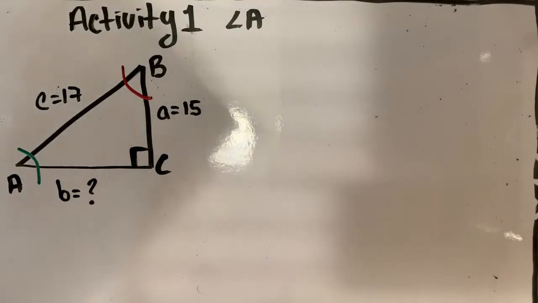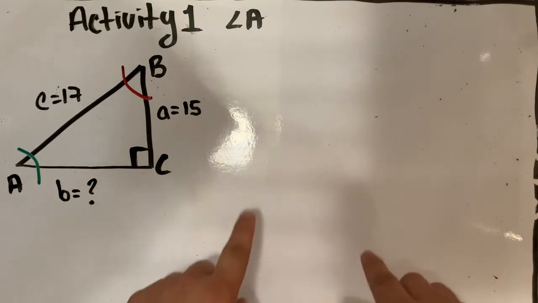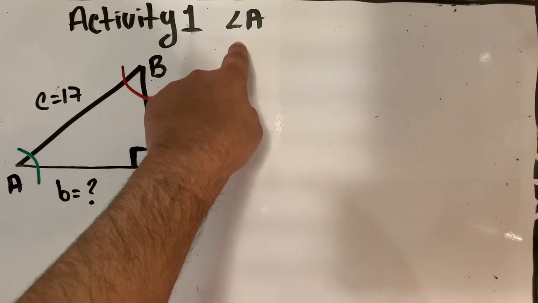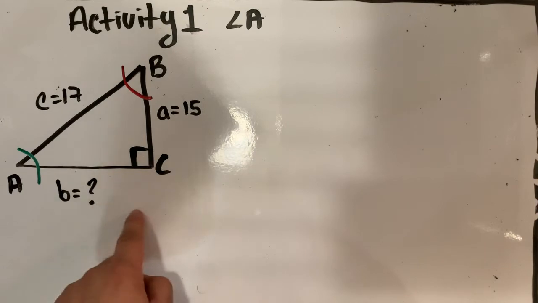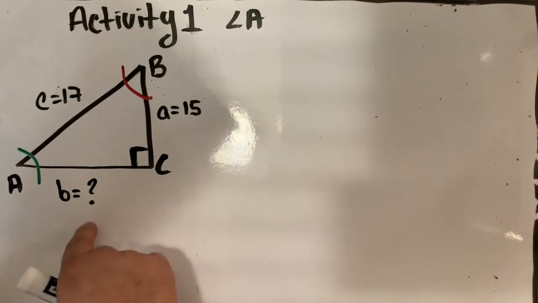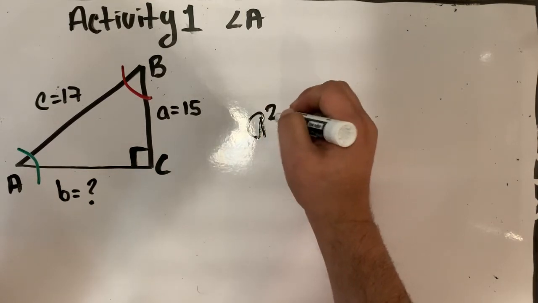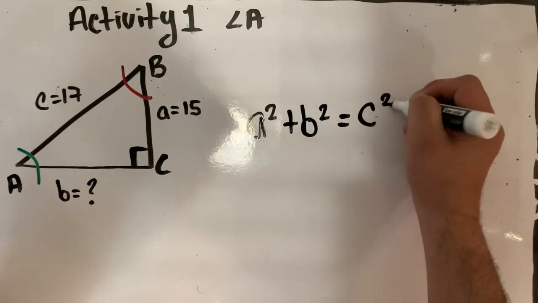Okay guys, let's start with the answers now. I'm going to start with angle A. In order to know the trigonometric functions of angle A, I first have to find out the measure of this leg, that is leg B. To find this, I have to use the Pythagorean theorem, that is a squared plus b squared is equal to c squared.